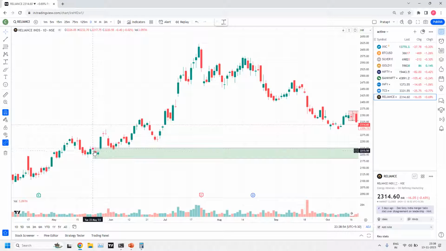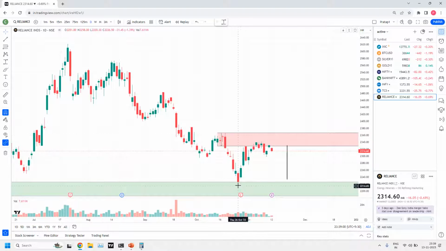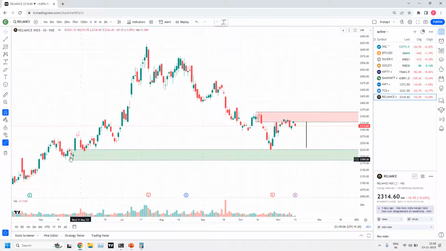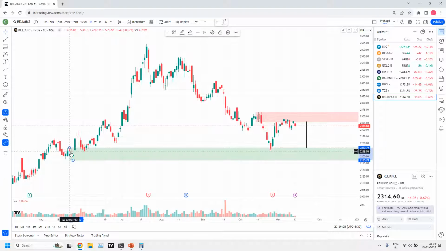So suppose I have changed it to this highest body. Is my trade executed? Yes. Here the price entered, this trade is executed. Even if you keep the highest wick, your trade is executed. If you change the proximal line to highest body, still your trade is executed. But the change is very minor.